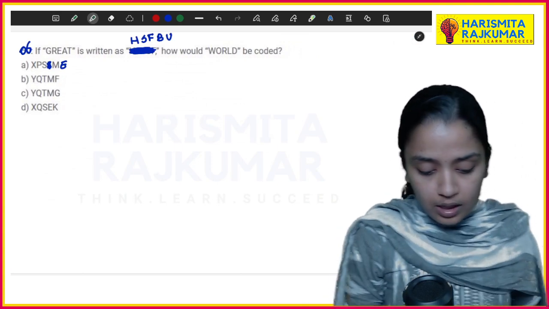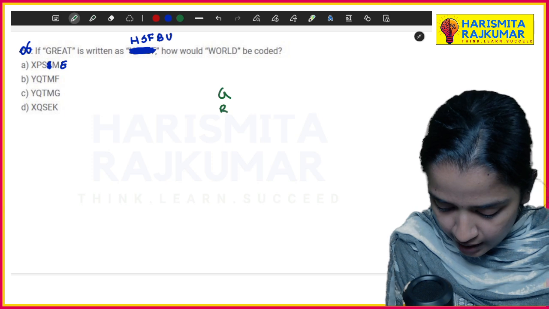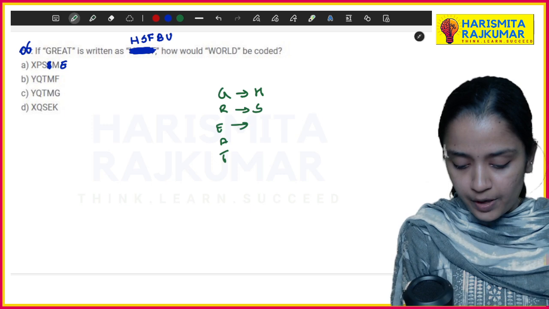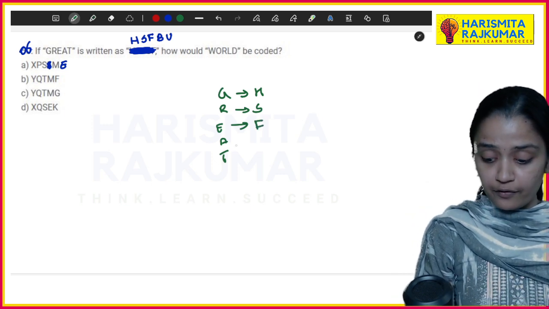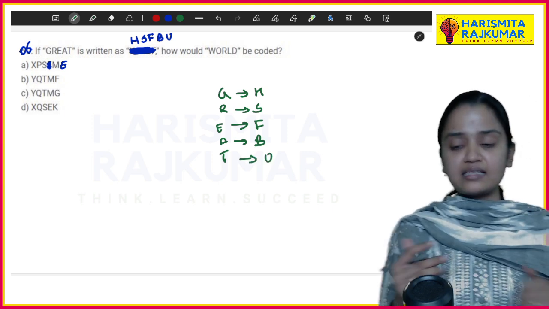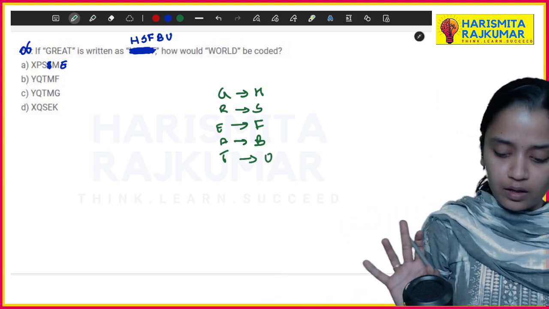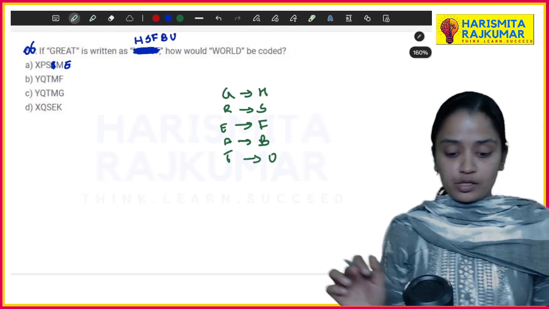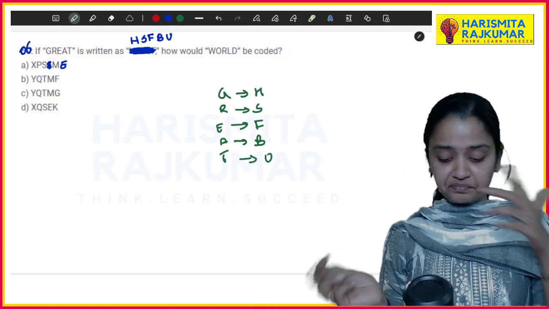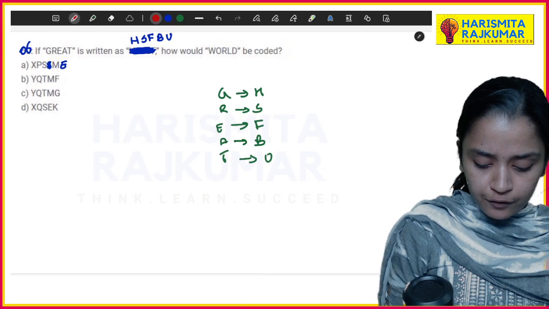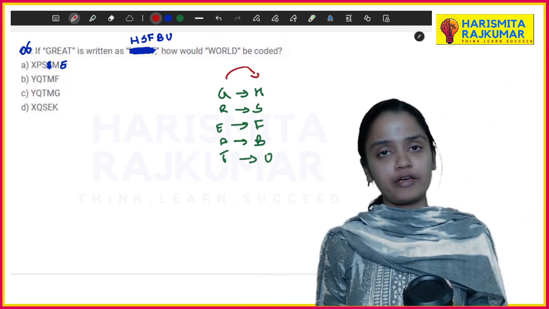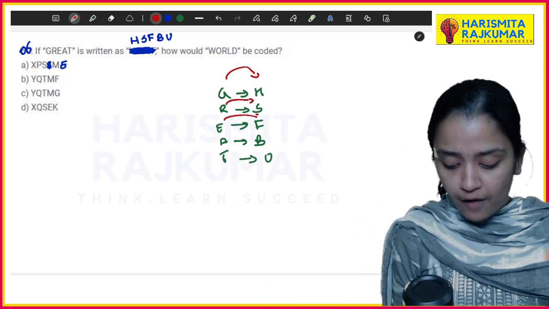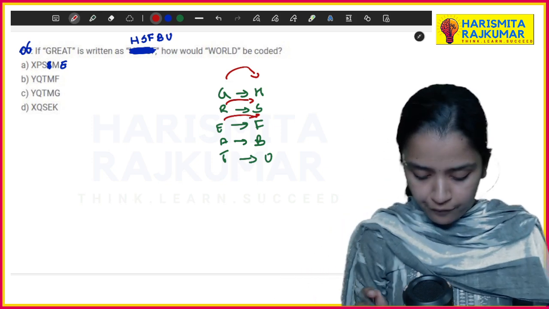Now, the same way, G, R, E, A and T. G is compared to H, R is compared to S, E is compared to F, A is compared to B, and T is compared to U. There is some mistake in the question, so I have typed it and written it. I hope you can see it on the screen clearly. After G, what letter do you have? H. After R? S. After E? F. After A?